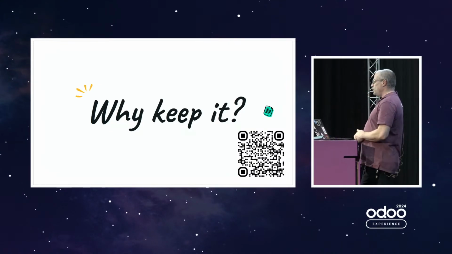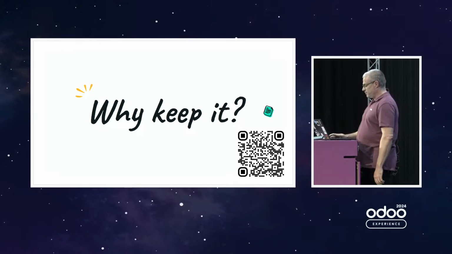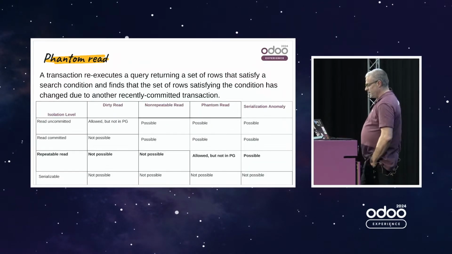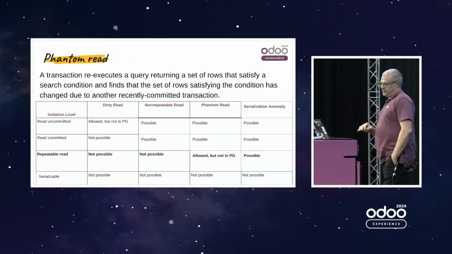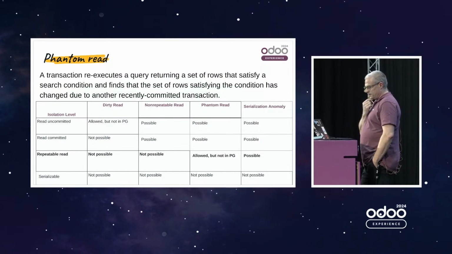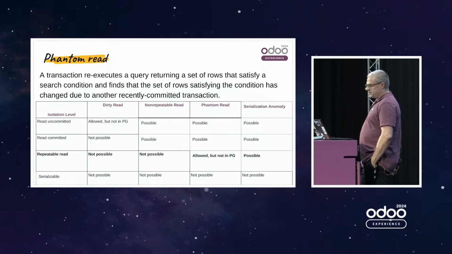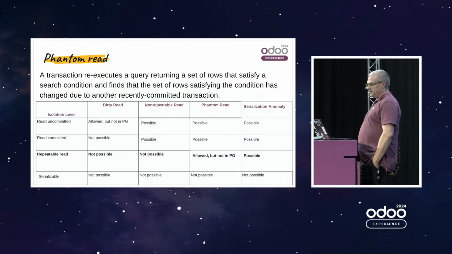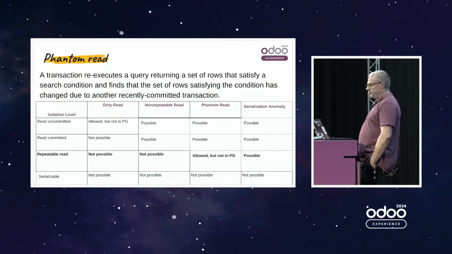On the other side, why should we keep PostgreSQL? And here is the key. You have the various isolation levels, and I said we are in the repeatable read isolation level.